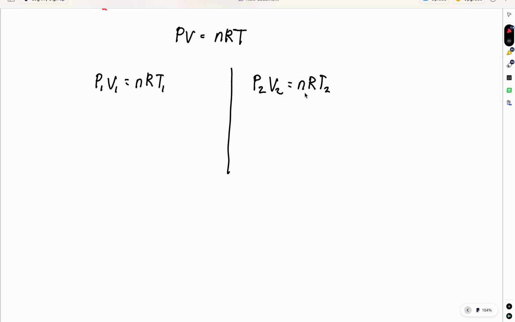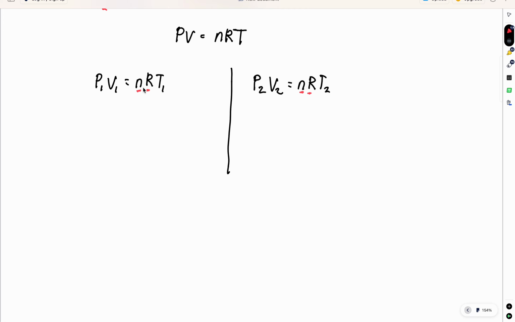Note that n and R are given. R depends on your P, whether it's atm, millimeters of mercury, or kilopascals. And your n, the number of moles, depends on the kind of substance, on what compound or molecule is given.